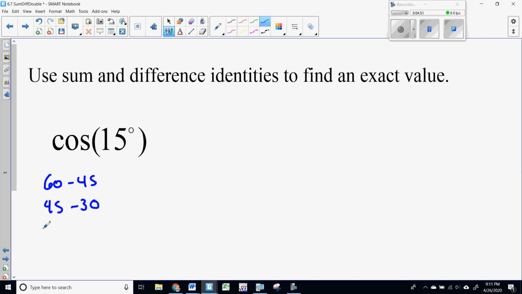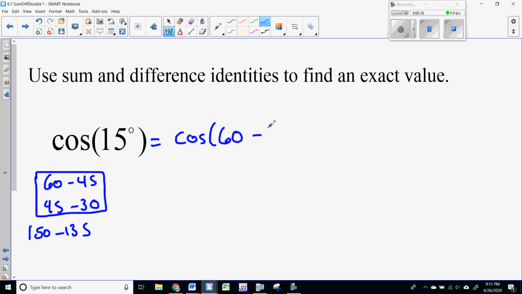Both of those would work. You could go something bigger, like 150 minus 135, which would also work. We're going to stay here, and I'm going to use the first one. So this would be equal to cosine of 60 minus 45.